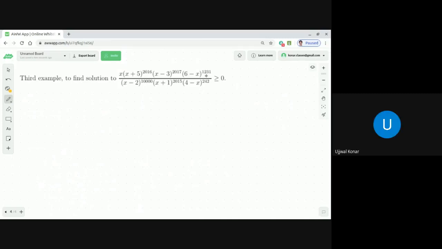So better I should write x minus 6. If we write x minus 6, then minus 1 power 1231 should be multiplied, na? Correct or not? Then what are we going to get? We are going to get minus 1 power 1231. The moment you do it, you will find that the sign of the inequality will get changed. Correct or not?